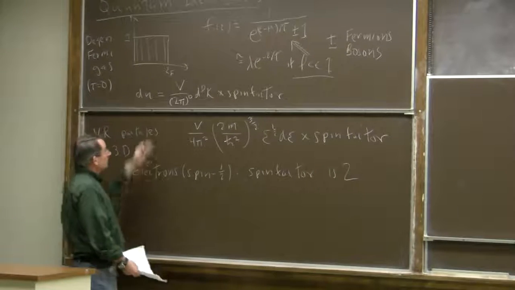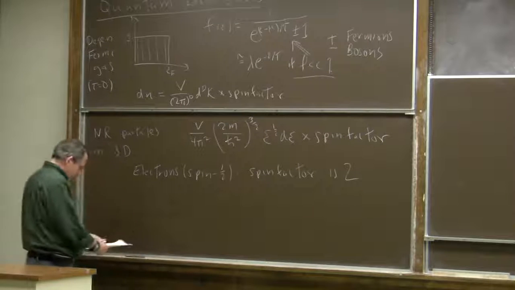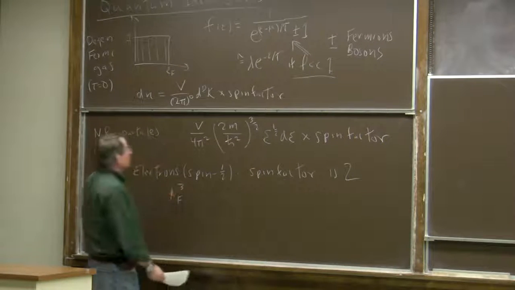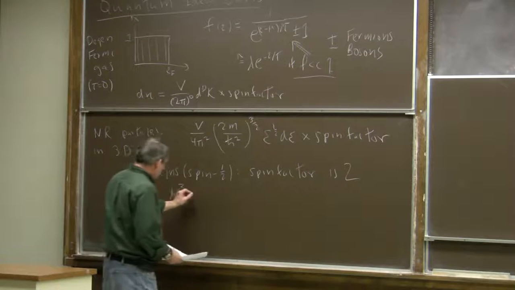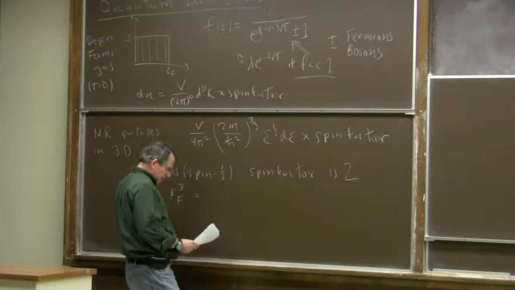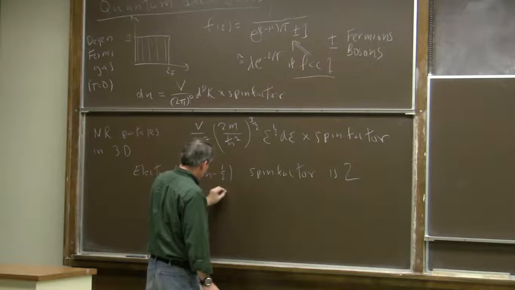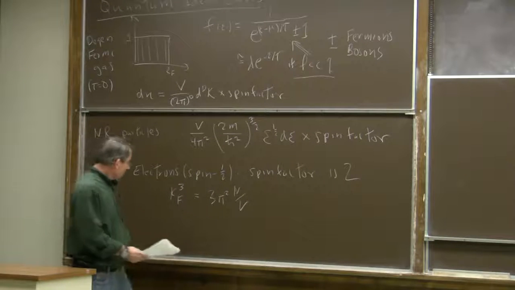So in the degenerate case, we can say that we fill up all the orbitals up to some maximum value of the wave number, the Fermi wave number, just by integrating that density of orbitals and including the spin factor. We see that the Fermi wave number cubed can be written as 3 pi squared number of particles per unit volume.